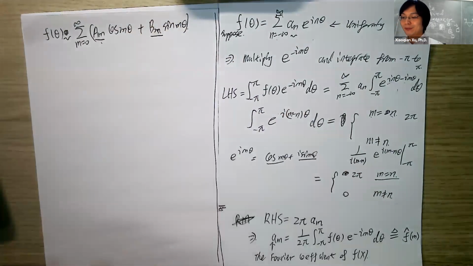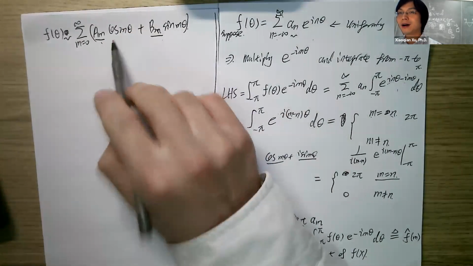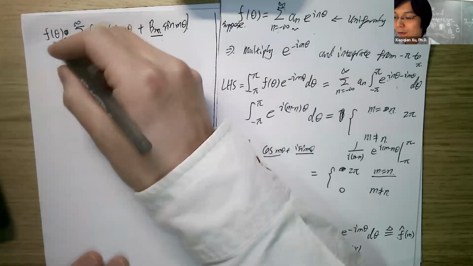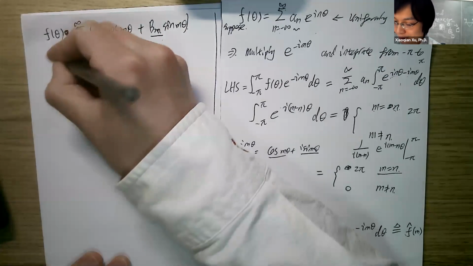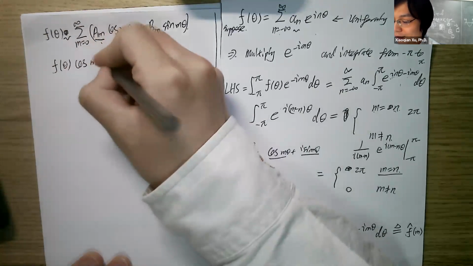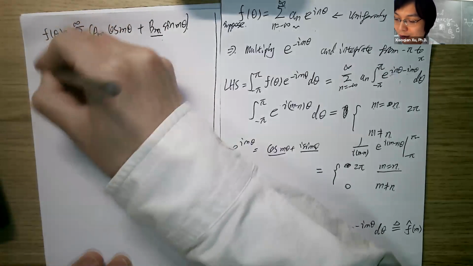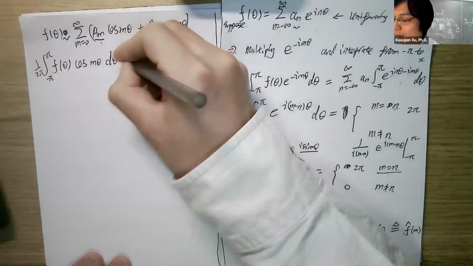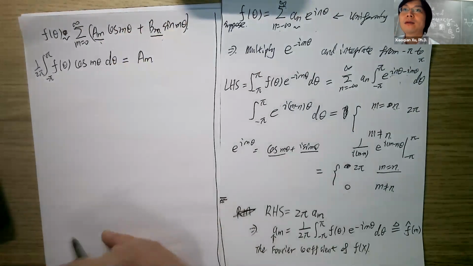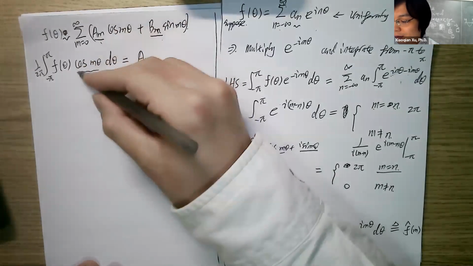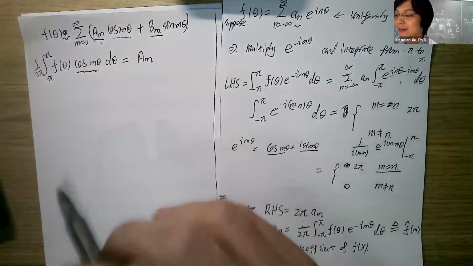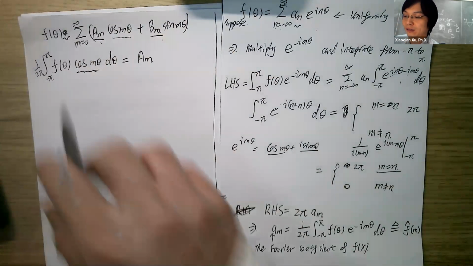And the reason we don't really want to write it in this way is you don't have a uniform form, right? If you have this kind of thing, then yes, you will have some similar things like cosine m theta d theta. If you take from minus pi to pi, 1 over 2 pi, what you get is a_m. Similarly, you will get similar things for b_m. But then what you need to check is this one multiplied by any other cosine n theta and sine n theta will always give you 0.